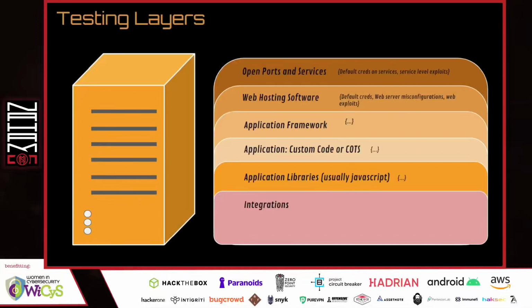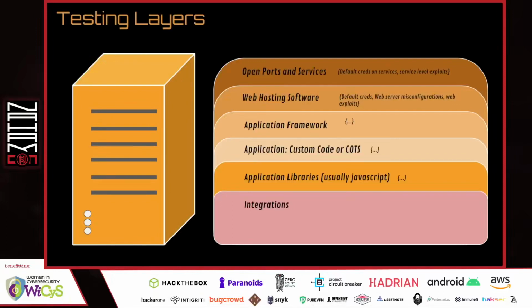Normally I would consider these in scope for most tests, right? So you want to make sure that there are no default creds on those services. You also have the opportunity for those services to have exploits themselves, although it's less likely nowadays that you'll find a service level exploit at that level. But it could exist at some point.